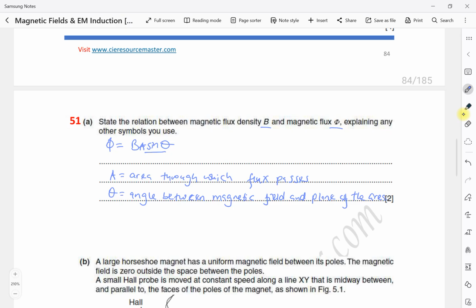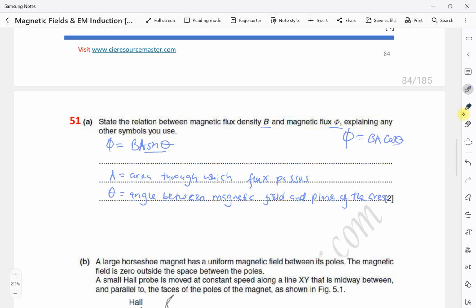If I had said magnetic flux equals BA cos theta, theta would be the angle between the magnetic field and the normal to the area.